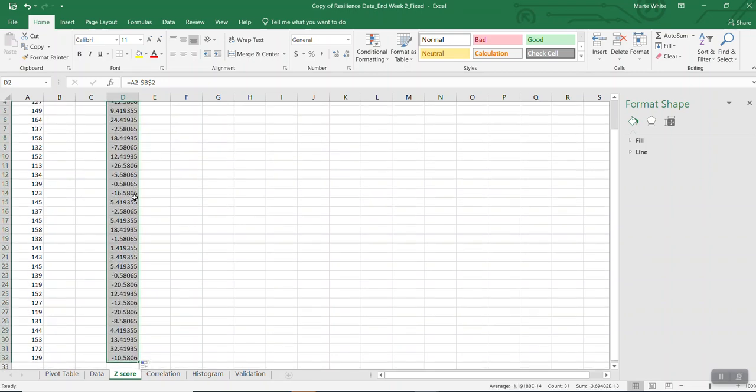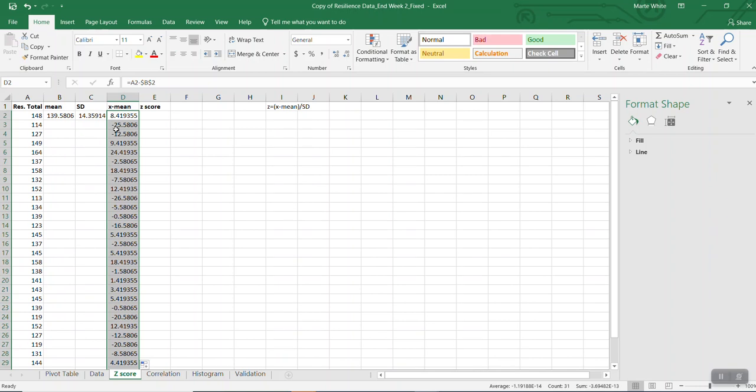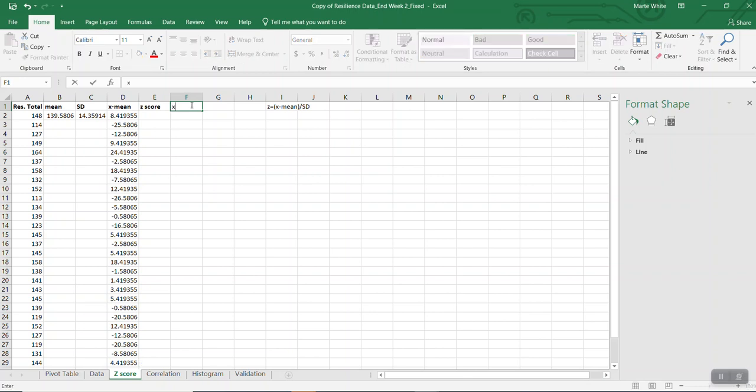Now we have this x minus the mean. Then we have to divide it by the standard deviation. So I'm going to do x minus mean divided by SD. Actually, let's say that is the z-score, sorry. To find the z-score, I'll do the same thing again with the F4.